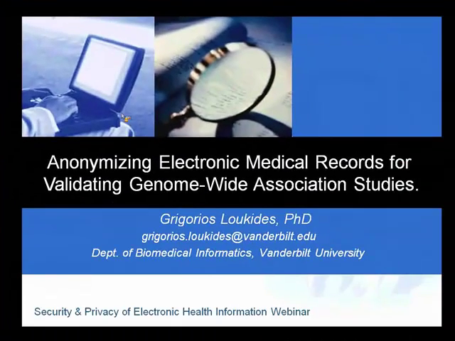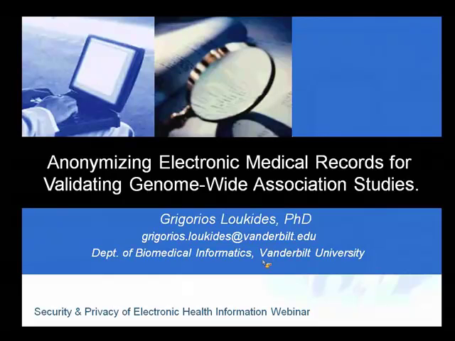Grigorios, who is a postdoc at Vanderbilt University. The team at Vanderbilt has been involved in a number of Genome-Wide Association Studies, and one of the issues that had come up is how do you de-identify diagnosis codes.